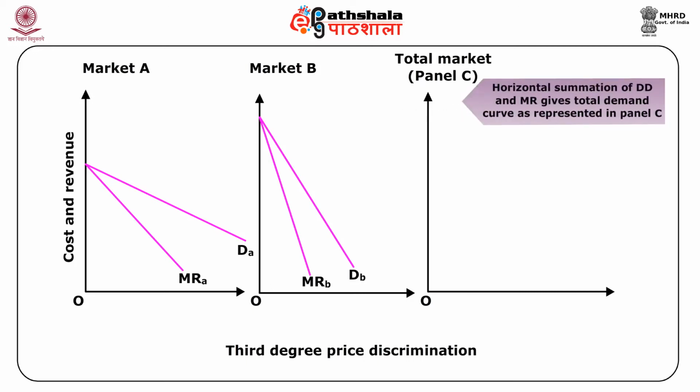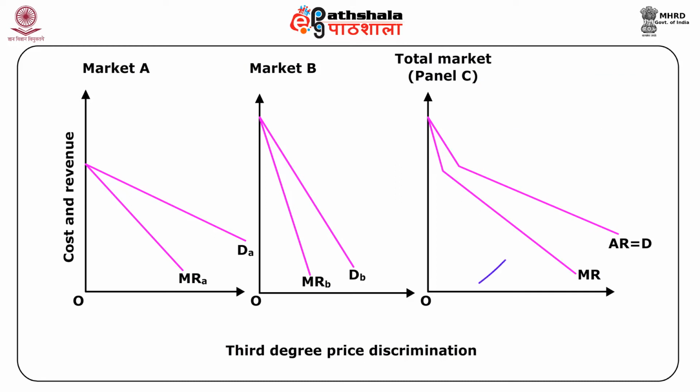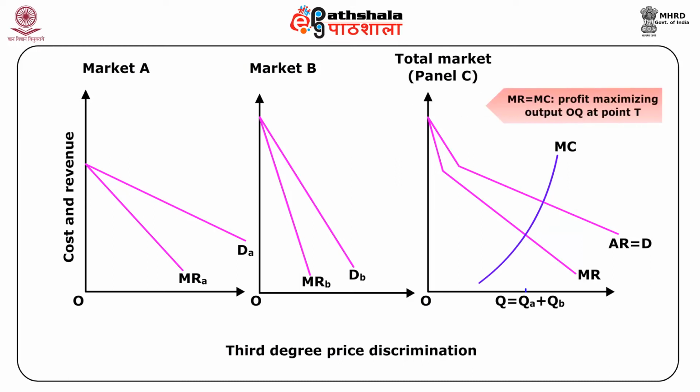The horizontal summation of both demand curves and MR curves gives the total demand curve and total MR curve as represented in panel C of the figure. Given the MC curve of the firm, the point where MR equals MC gives the profit maximizing output OQ of the monopolist in panel C at point T.